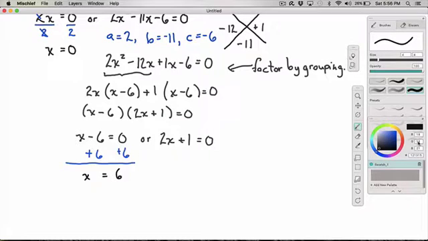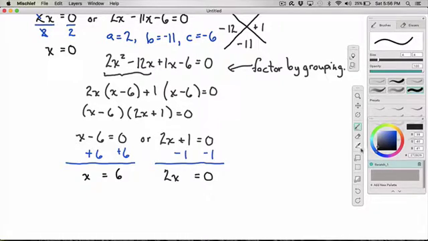On this next problem, we're going to subtract 1 from both sides. Then that's going to give me 2x equals 0.